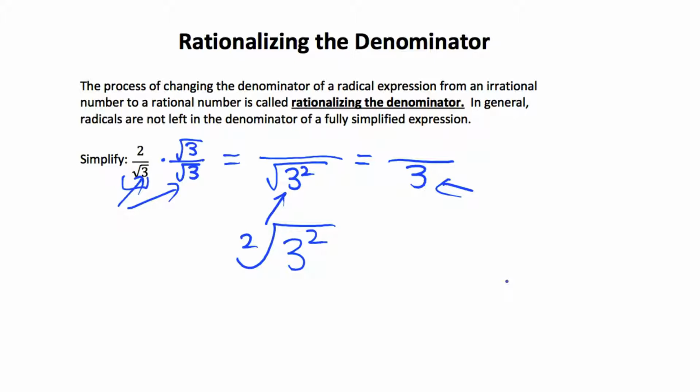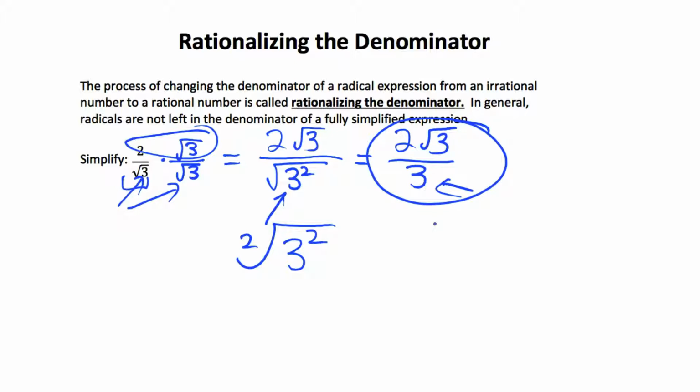I've removed the irrational number square root of 3 and turned it into 3. On the top, if I multiply 2 by root 3, I get 2 times the square root of 3. And so here is my reduced value. 2 root 3 divided by 3 is considered the proper reduced form for 2 divided by root 3. That's rationalizing the denominator, removing the irrational number.